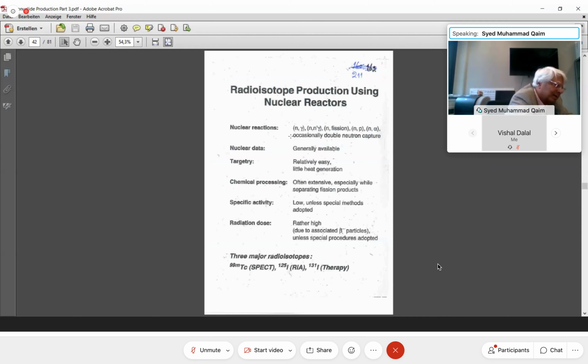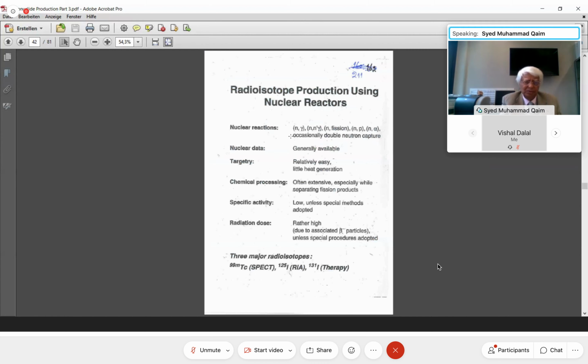In reactor production, if we just think back, what are the reactions which are used? Neutron-induced reactions. N-gamma reaction is the most commonly used reaction. Sometimes N-prime-gamma, which means scattering, is also used, but not very often.